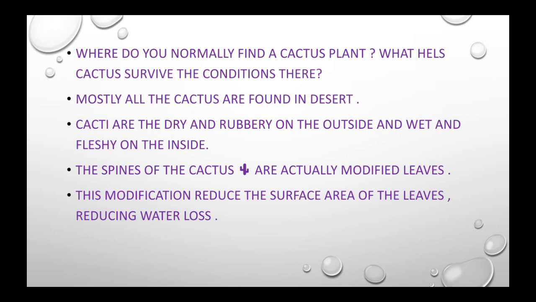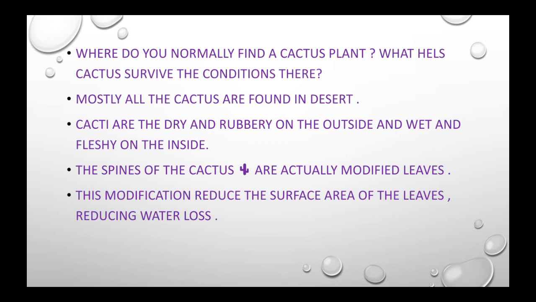What helps the cactus survive the conditions there? Mostly, all cacti are found in deserts. Cacti are dry and rubbery on the outside and wet and fleshy on the inside.